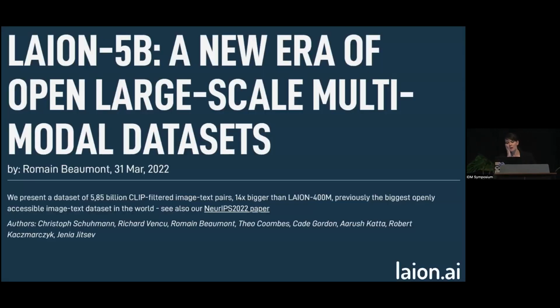What was this trained on? You heard Kate talk and Jared talk about LAION-5B this morning. This is from the LAION.ai project. It is the largest publicly available text-labeled image data set. LAION stands for Large-scale Artificial Intelligence Open Network.